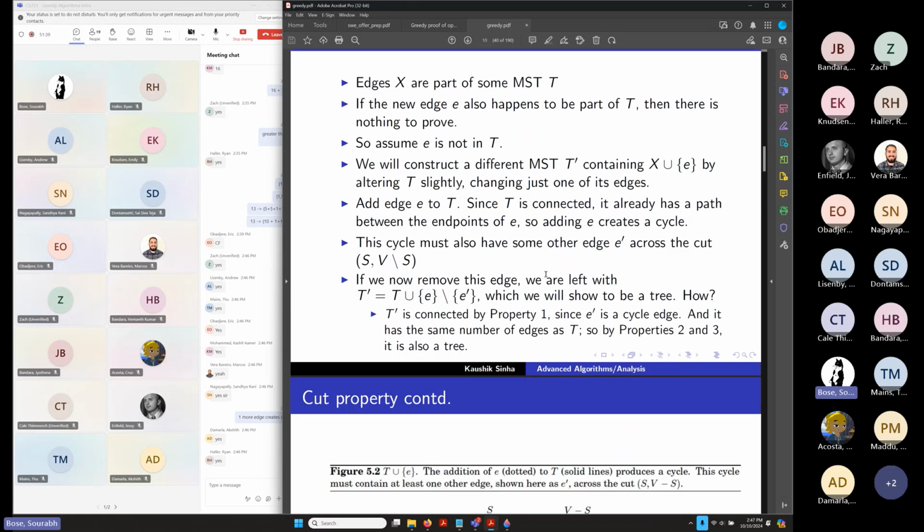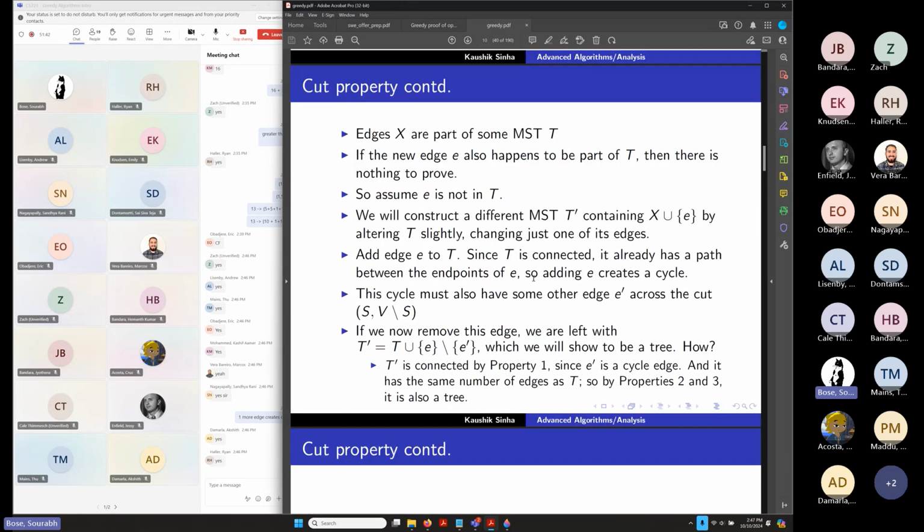So all we now have to do is, in the original tree, add our new solution edge, and remove the other edge that is creating a cycle. So T union E, minus E prime, which we will show to be a tree.